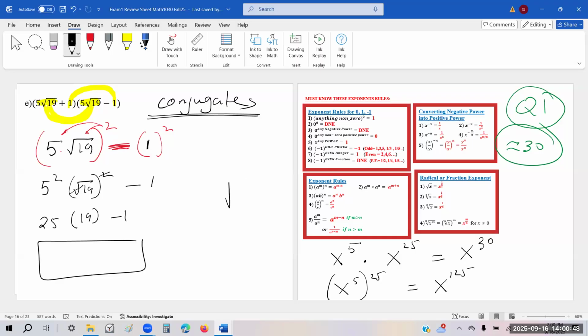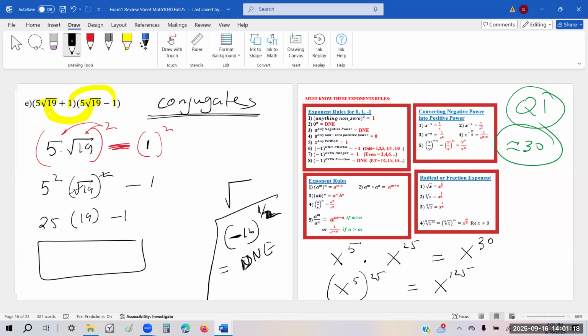If I tell you find negative 16 to the 1/2 power, it doesn't exist, because a negative cannot have an even root. Doesn't exist.